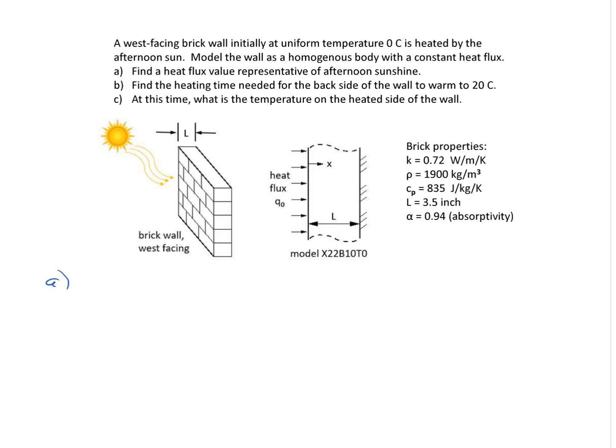If we look up the solar constant, it's 1,367 watts per meter squared. That's outside the atmosphere, so we need to adjust that.